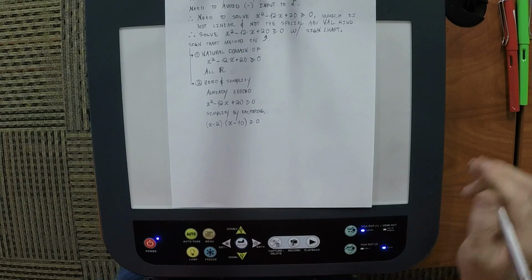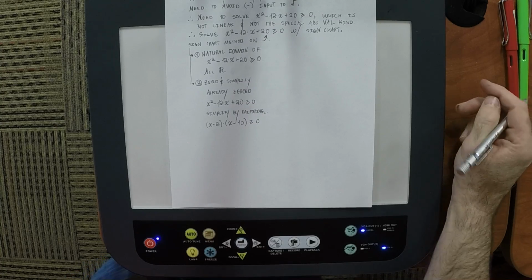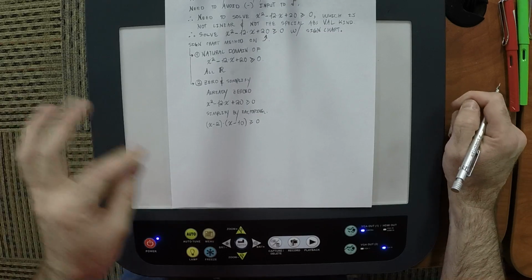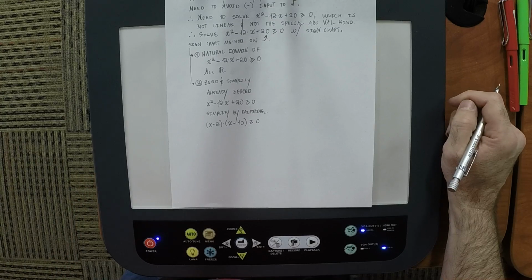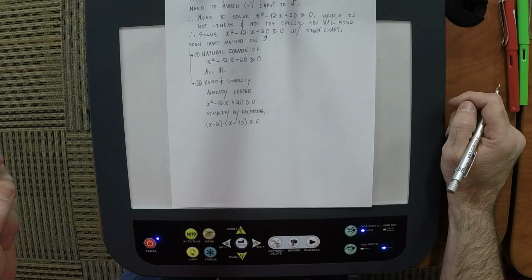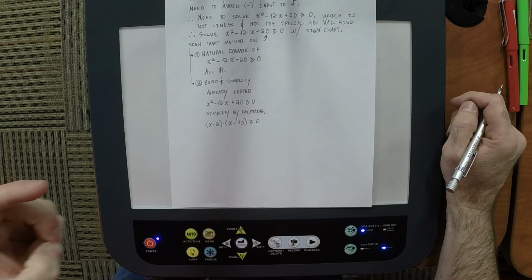And if you had said x minus 10 multiplied by x minus 2, I still would have written down x minus 2 multiplied by x minus 10.